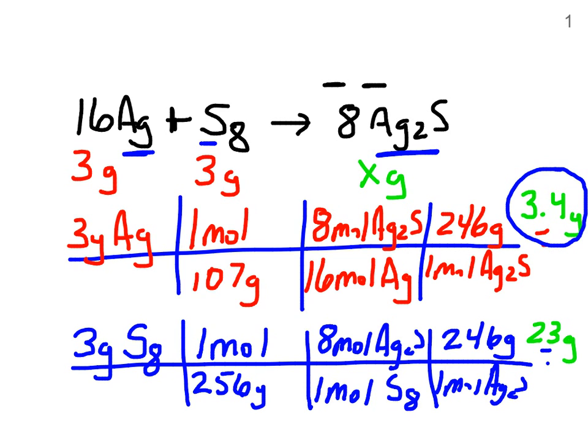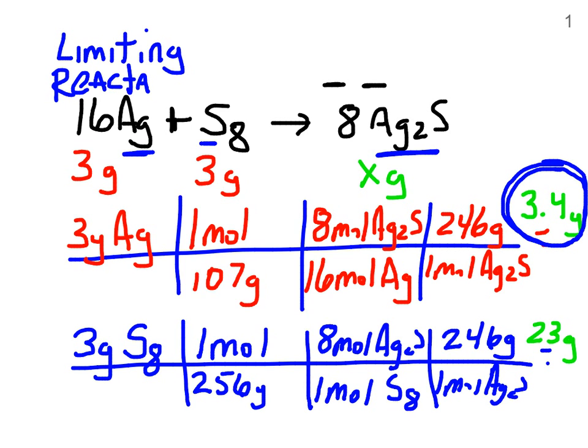What this also determines is that the silver was the correct answer, the amount, 3.4 grams of silver sulfide that I could get, so it means the silver was the limiting reagent or reactant. And further, since there was way more sulfur in there than I needed, it is determined that the sulfur is called the reactant in excess.